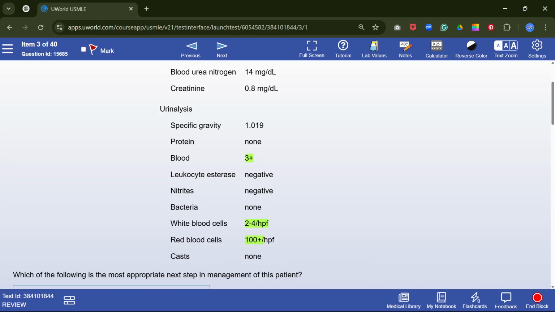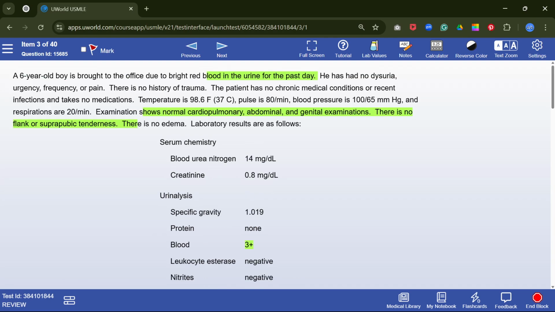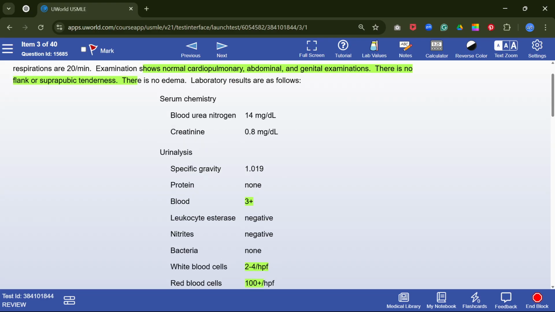Now you should find whether it is glomerular or non-glomerular. It is not glomerular. Why? There is no hypertension and no proteinuria. Protein is normal, no hypertension, so not glomerular.